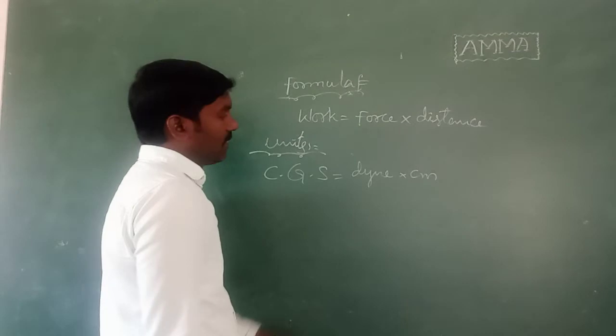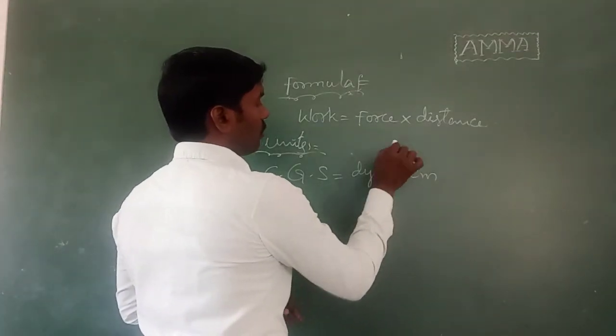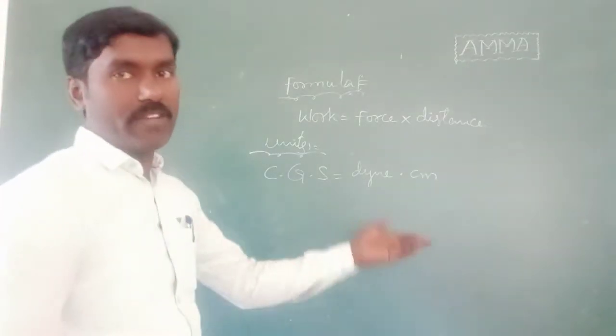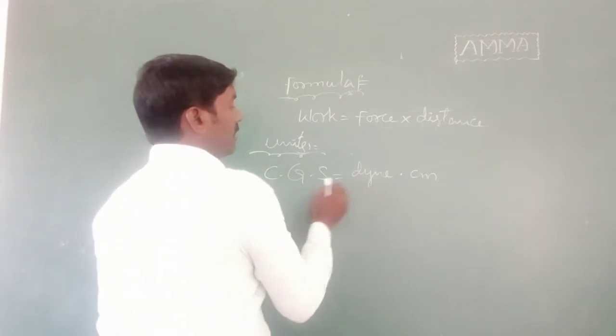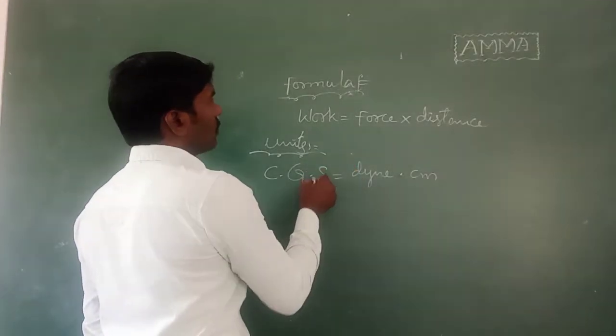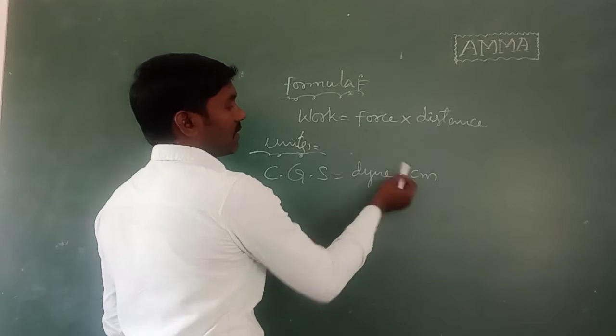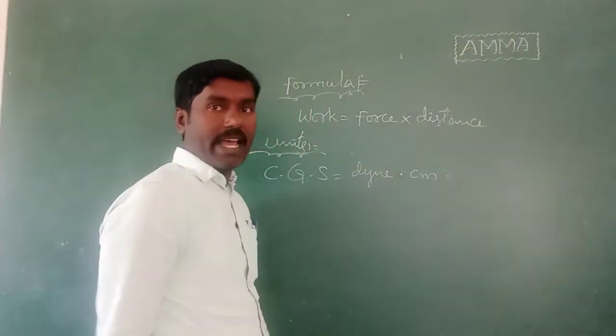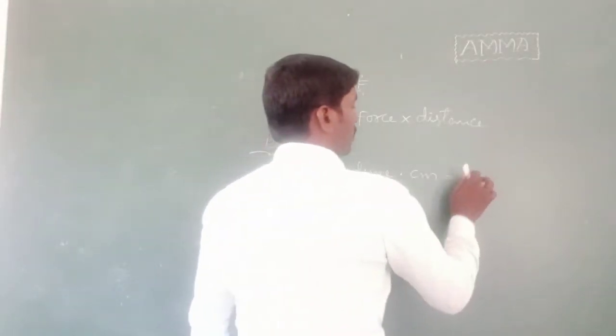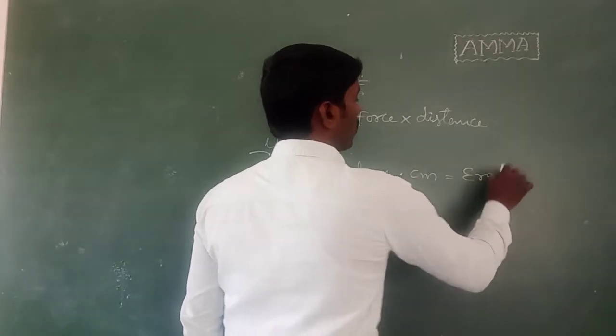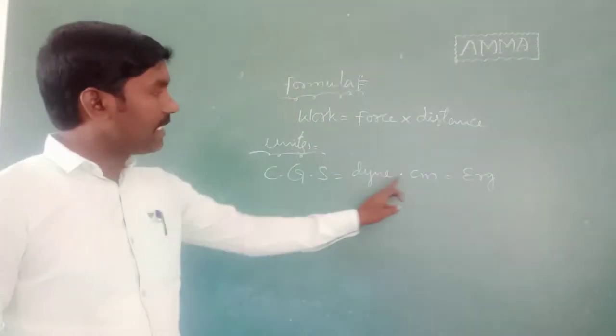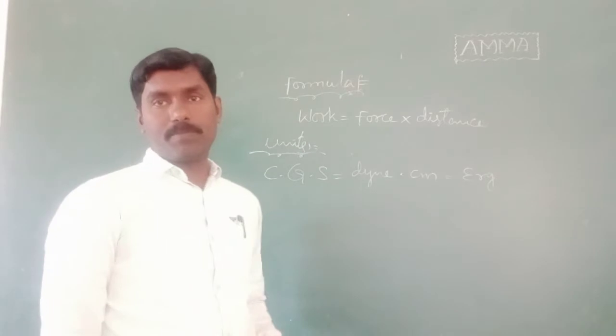Centimeter. Students, in this case, don't put the 'into' and just make it a point or hyphen. The CGS unit of work is dyne centimeter. It is also referred to as erg. Dyne centimeter is also called erg.